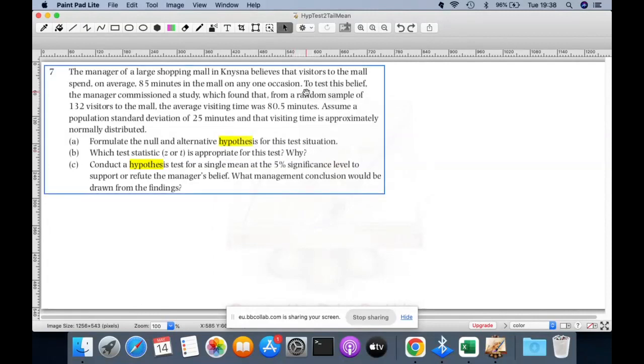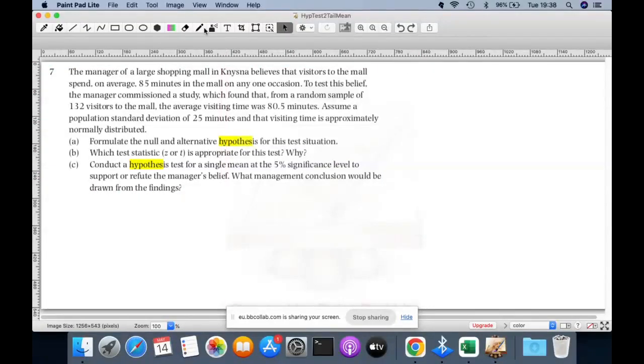So you may have become familiar with this drawing of explaining a population and a sample. The population is the entire group that you're interested in, and it's often not feasible to consider every single person in the population.